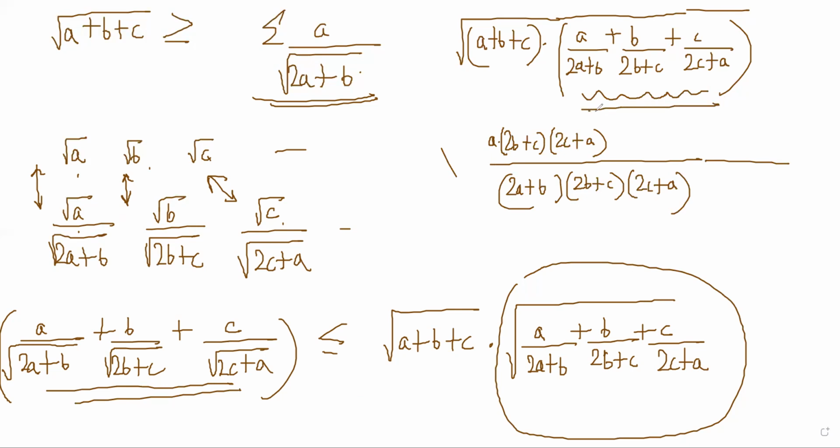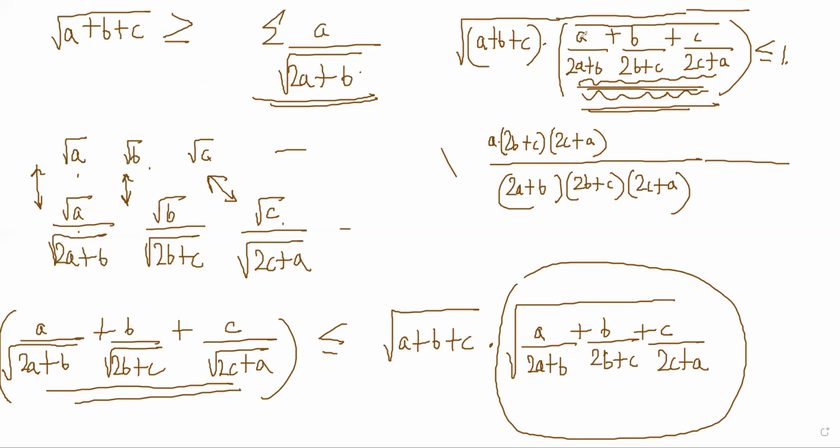Why don't you guys check this out? I did not work through this part yet. I have not solved this part yet. I need to prove that this part is less than or equal to 1, which should be pretty easy as far as I can see.